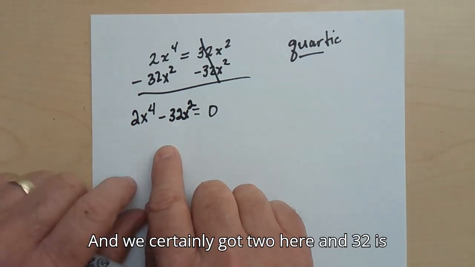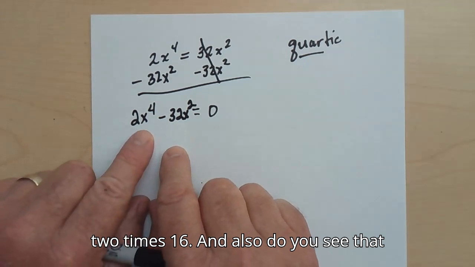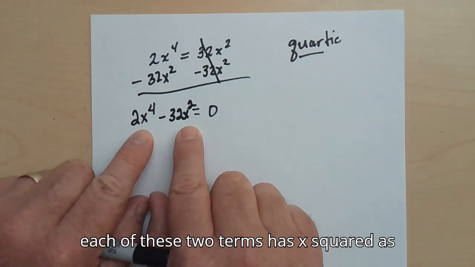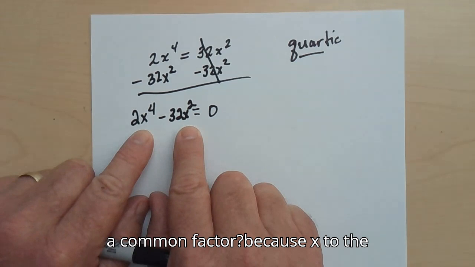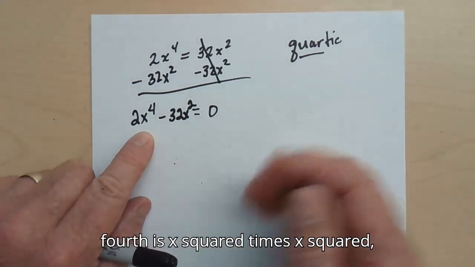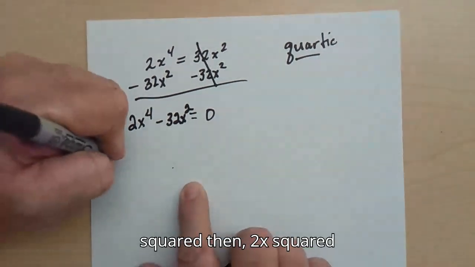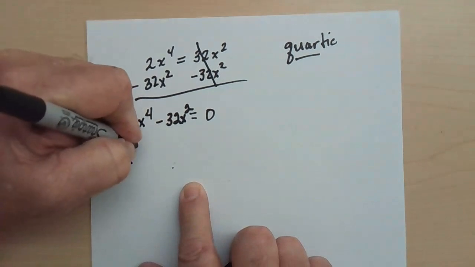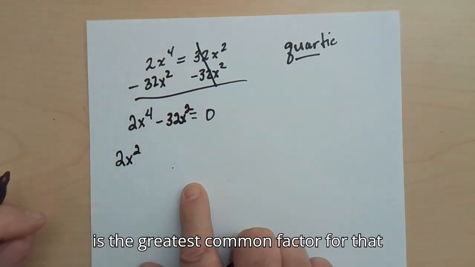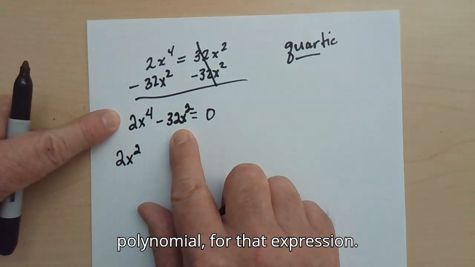And we certainly got 2 here, and 32 is 2 times 16. And also, do you see that each of these two terms has x squared as a common factor? Because x to the fourth is x squared times x squared, right? So 2x squared is the greatest common factor for that expression.